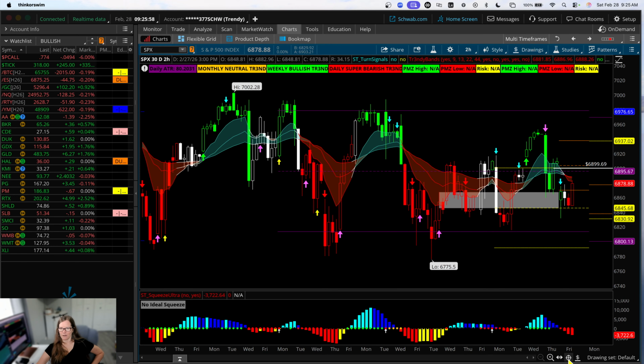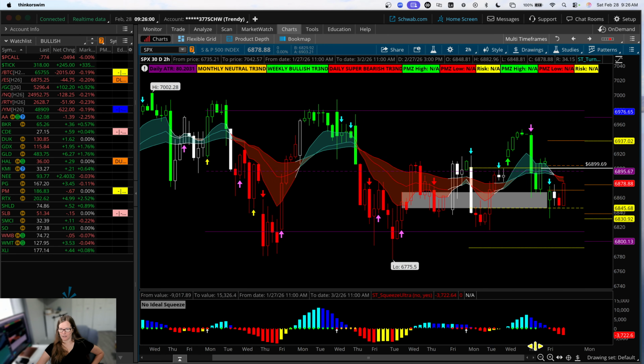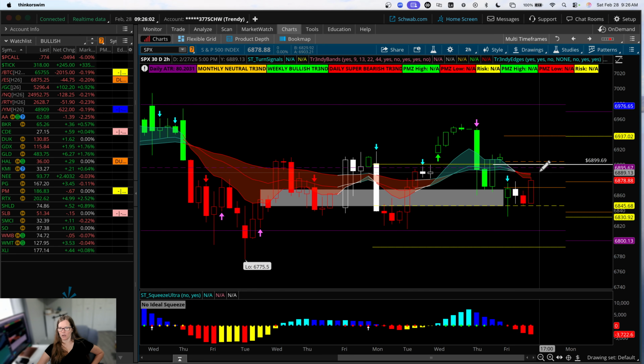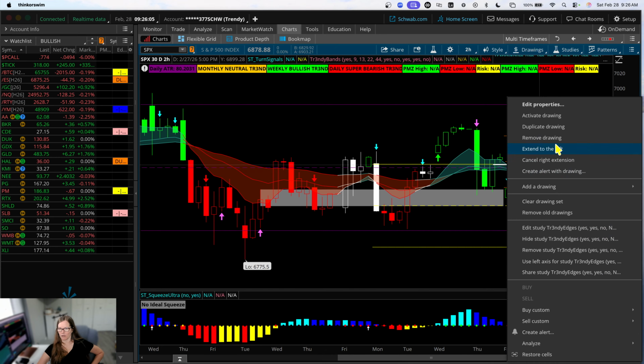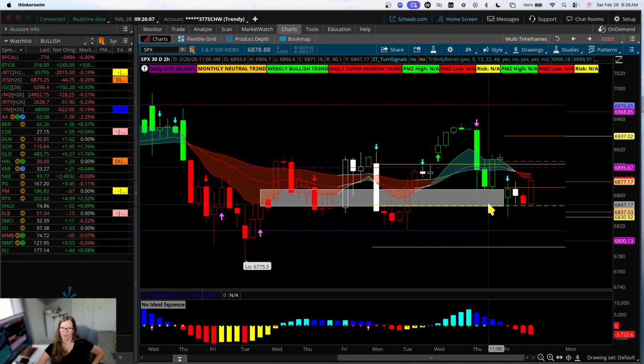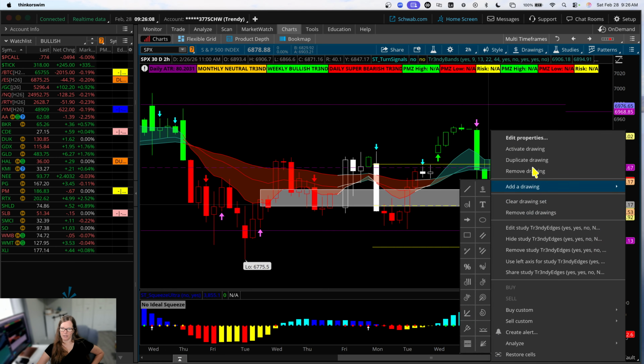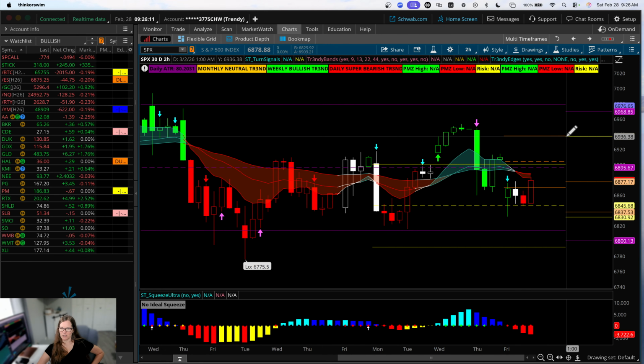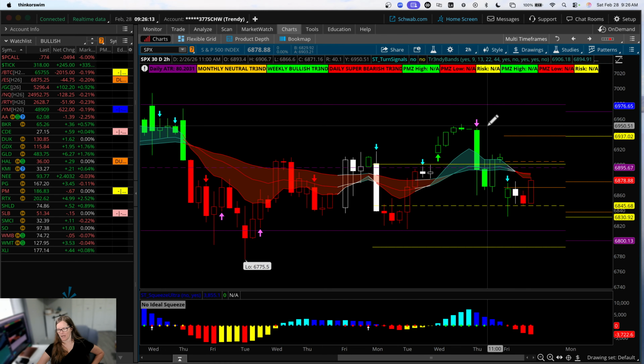Obviously we have no price action pre-market on SPX. So if I were looking at this chart, and let's just pretend that it's Monday morning and the market's getting ready to open, the most recent trend, what would you guys say the most recent trend is?